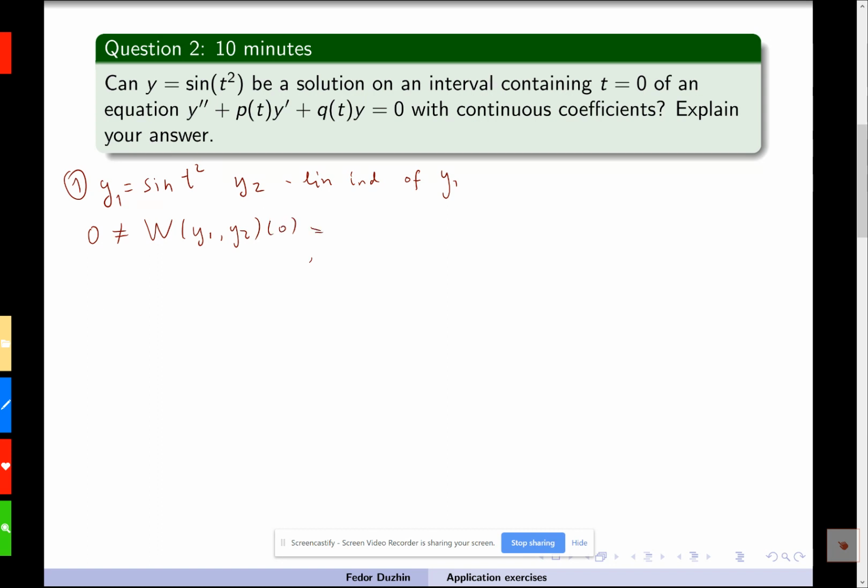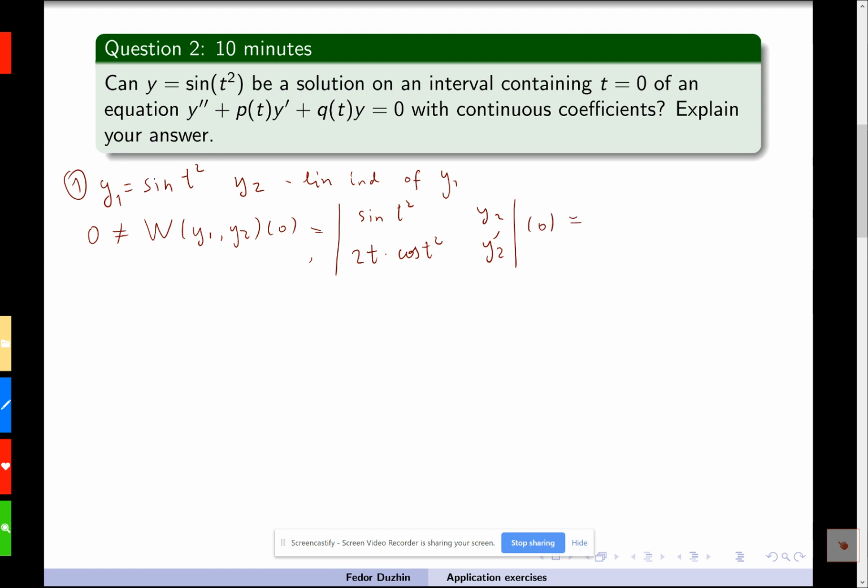So let us compute the Wronskian. Now y1 is sine of t squared. y1 prime is what? We need to differentiate sine of t squared. The derivative of sine of t squared is 2t times cosine of t squared. So here we're going to have y1 and y2, and y1 prime and y2 prime, evaluated at 0.